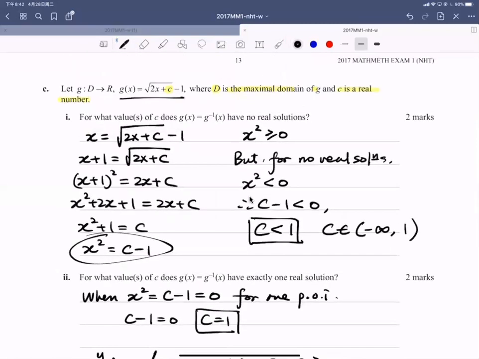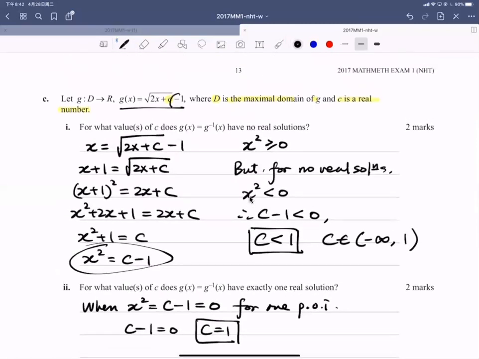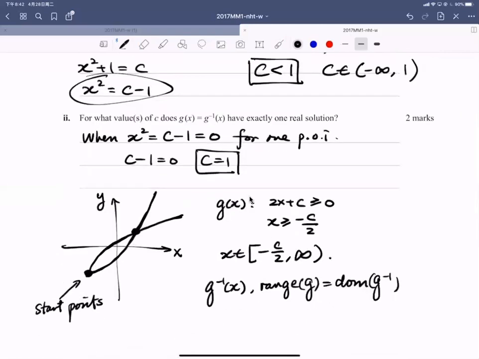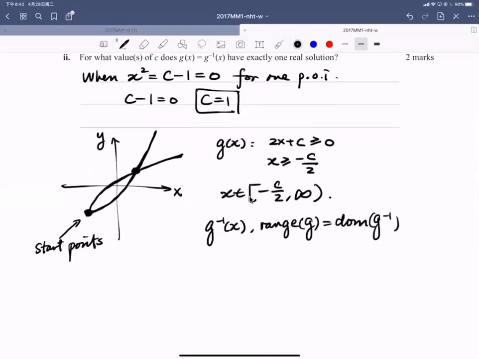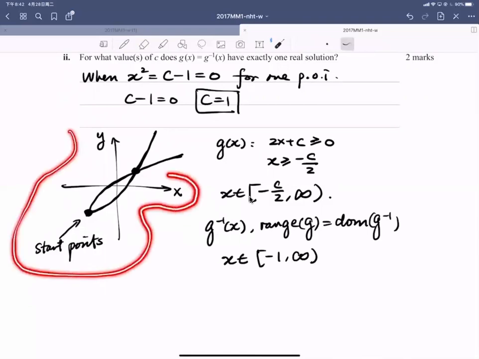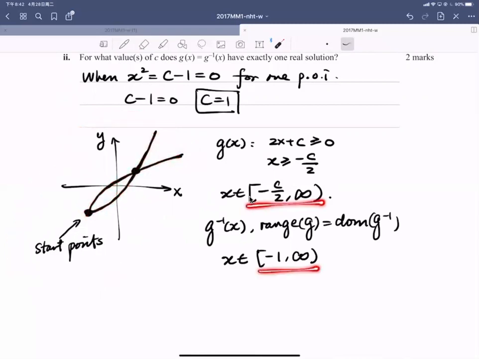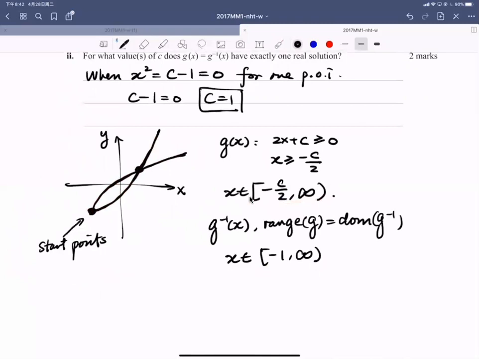Therefore, you look at the first equation, -1 is the smallest value. So this time, your domain is -1 to infinity. For that situation to happen, they should have a common domain. That means this one equates to that one. So minus c over 2 equals -1, and therefore c equals what? c equals 2.